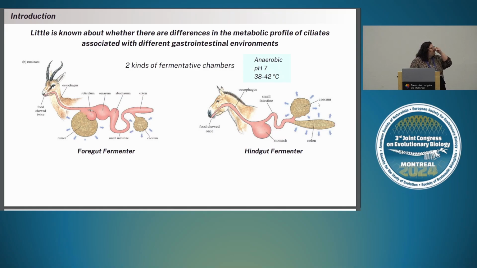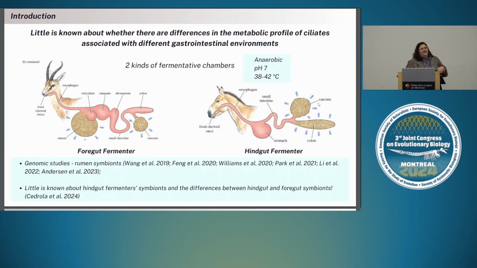The hindgut fermenters present the fermentative chambers, mainly the colon and the cecum, located after the region of abscission. Besides these differences in location, these chambers are very similar physicochemically. Both are anaerobic environments with pH around 7 and temperature ranging from 38 to 42 degrees Celsius.